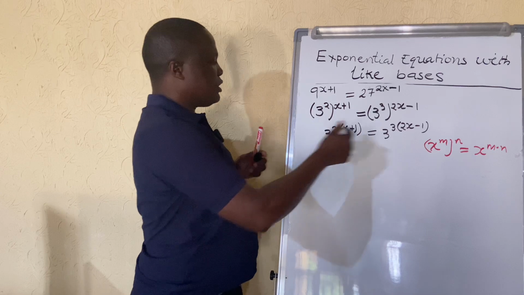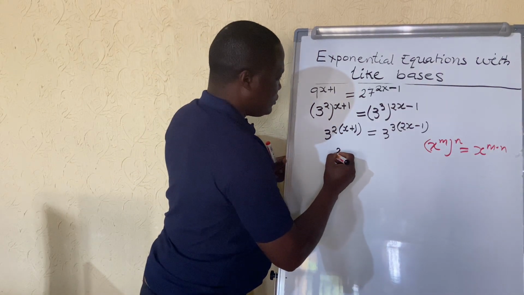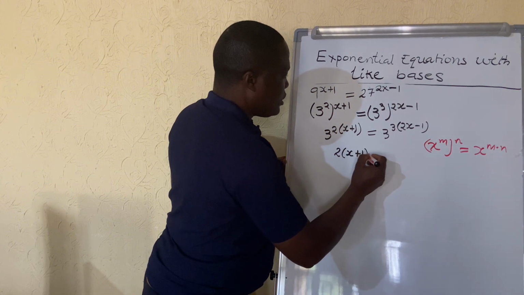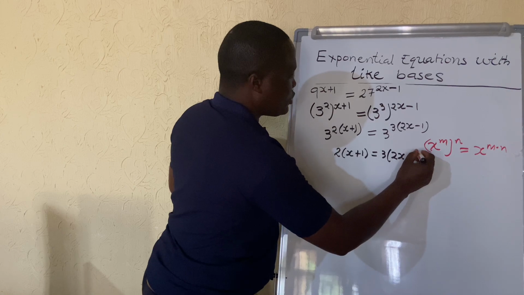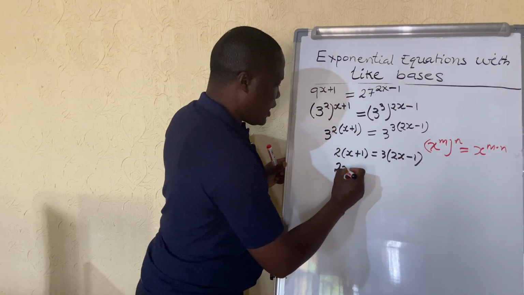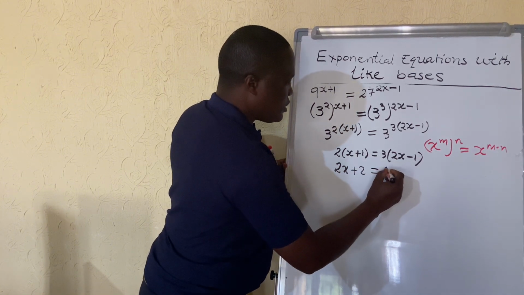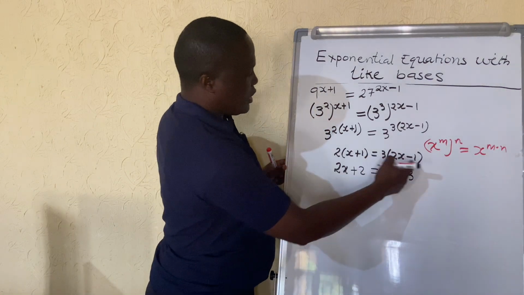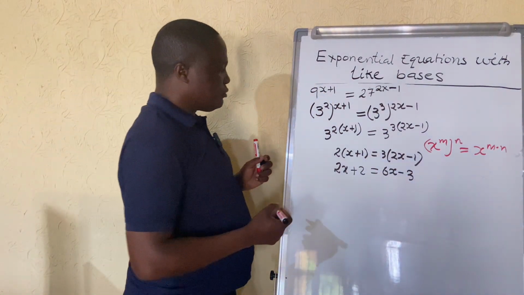So here, the bases are the same. So we'll write 2 into x plus 1 is equal to 3 into 2x minus 1. We multiply this out, we have that 2x plus 2 is equal to 6x minus 3. Yeah, 6x minus 3. We bring like terms together.